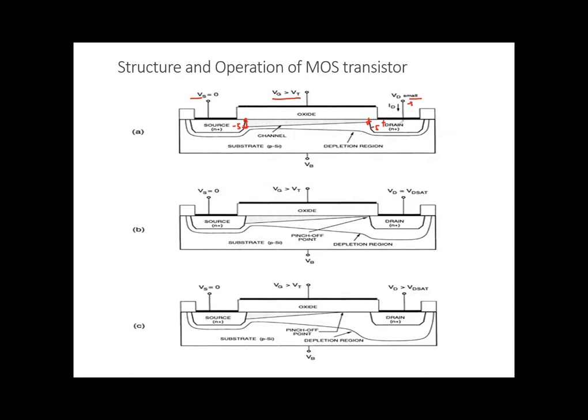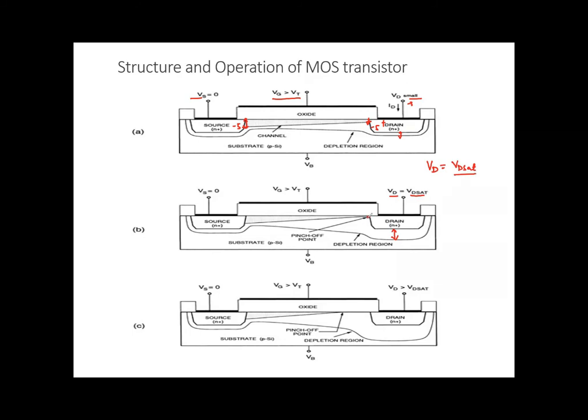This is the depletion region. Now you keep on increasing the potential at this drain terminal. What happens is the depletion region changes considerably. Also, when your drain voltage reaches the saturation voltage, then pinch off actually happens.